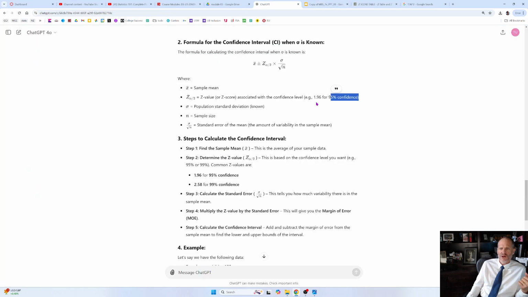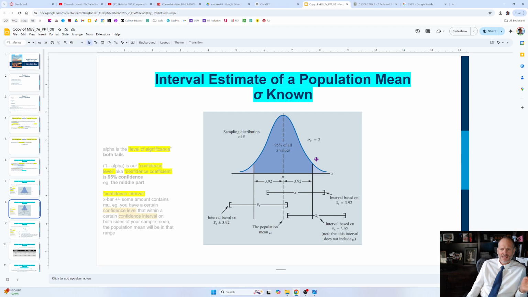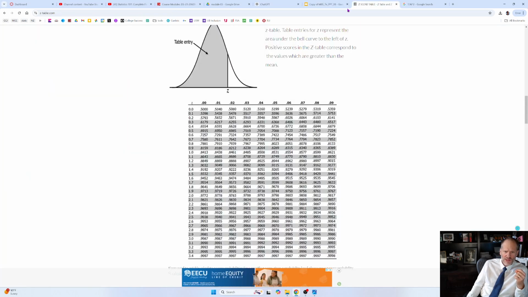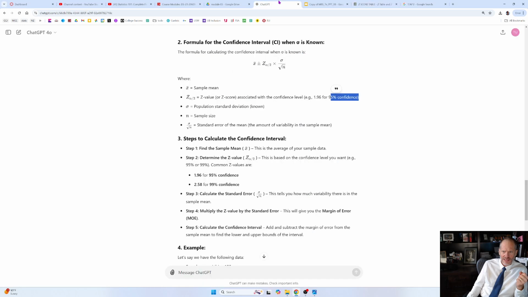And so if we have 5% in both tails, that's 2.5% in each tail. And that means if this is 2.5%, the rest to the left is 97.5%. And so if we look at 97.5%, which is 0.975, which is right here, that's 1.96. And so the z-score is 1.96.